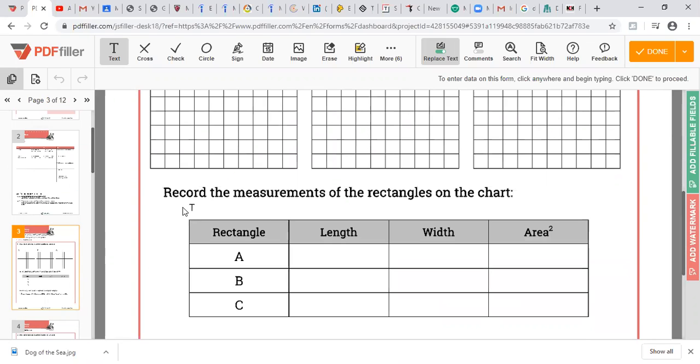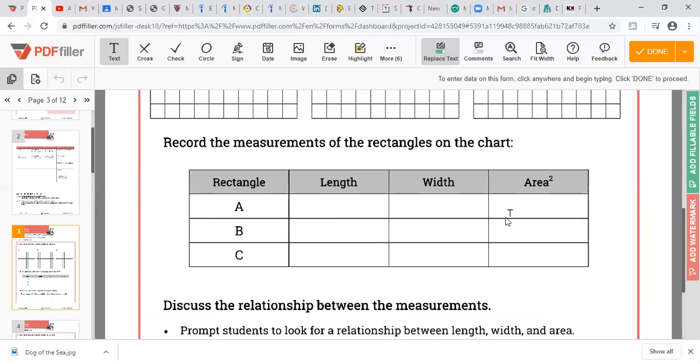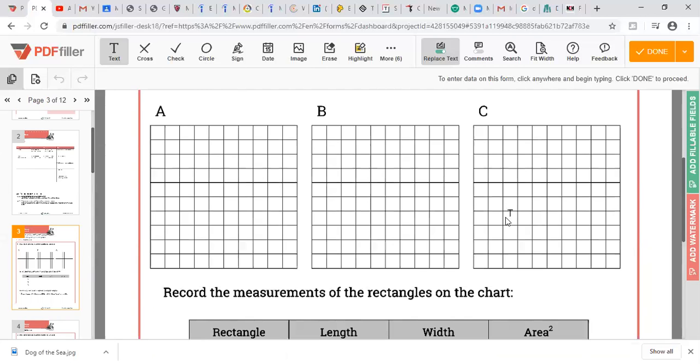Then we will record the measurements of the rectangles on the chart. And the last thing we're going to do is to discuss the relationship between the measurements, okay? So we've been talking about this already for the last few days. Once we get into it, it'll make a lot more sense.